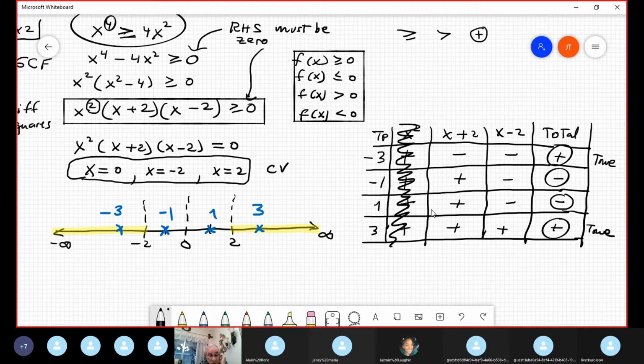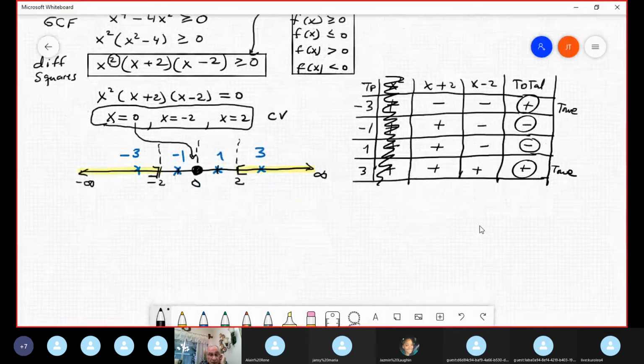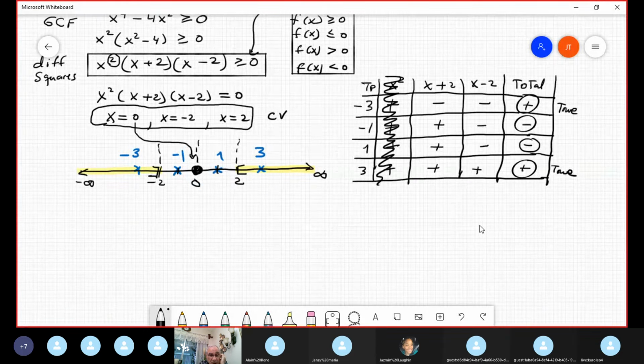Well, the symbolic way is using brackets here. Wow. And what about 0? 0 is a totally isolated point in the middle, but it belongs to the solution. Look at that. Okay, professor, how do you write the final answer? Well, you write the final answer like that. Let me show you. You write it like that. It's the final answer.